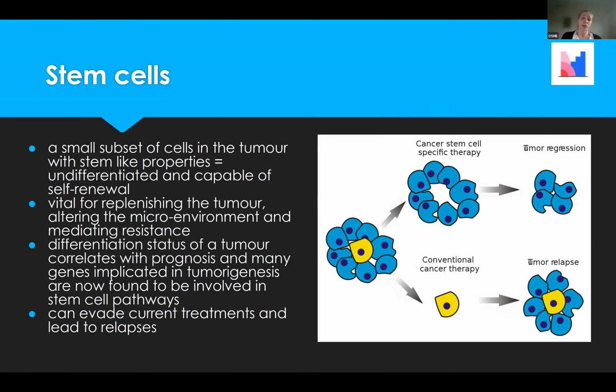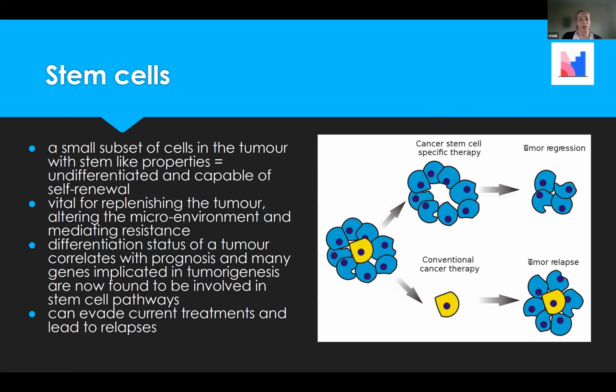Stem cells are also one important concept to mention about cancer, because, contrary to the popular belief that all cancer cells can grow completely in an uncontrolled fashion, it's the case that only some of the cancer cells, a relatively small subset, are the undifferentiated ones, which are actually capable of unlimited self renewal.